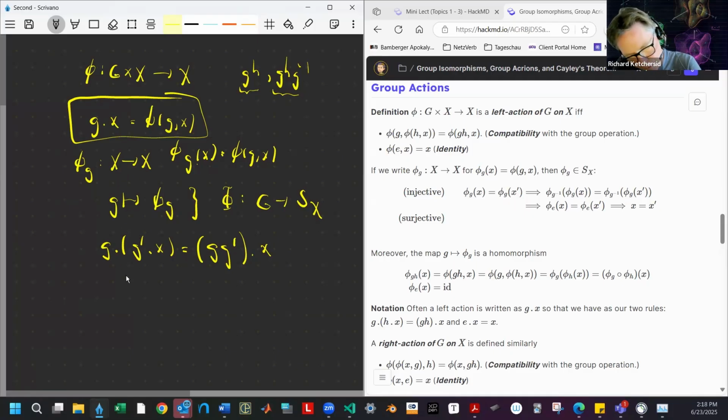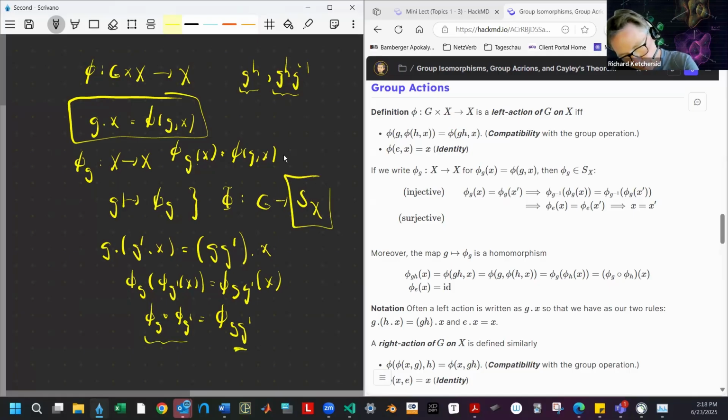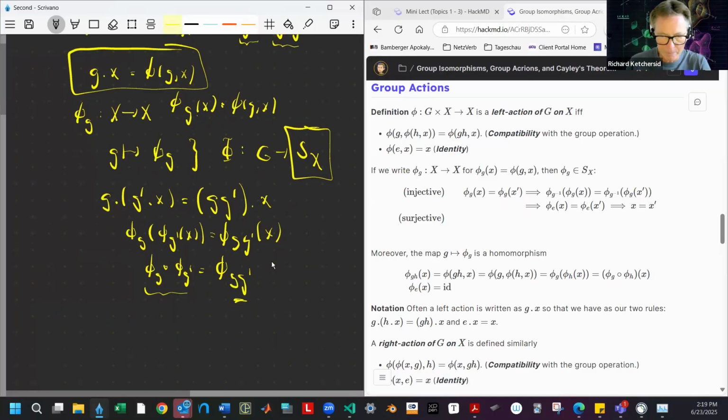So this notation says that phi of g acting on phi of g prime acting on x is phi of g g prime acting on x. This is saying that phi of g composed with phi of g prime is phi of g g prime. So we're taking the group operation to composition in the symmetric group over X.